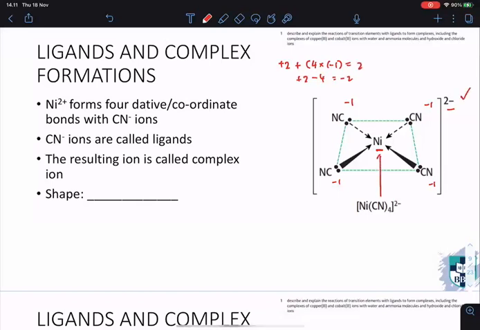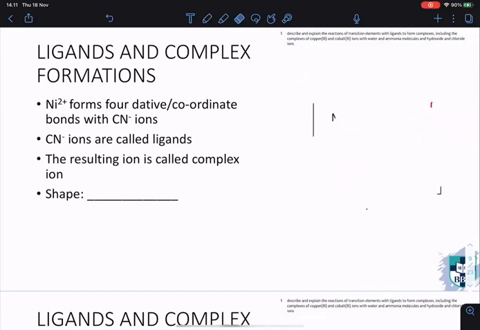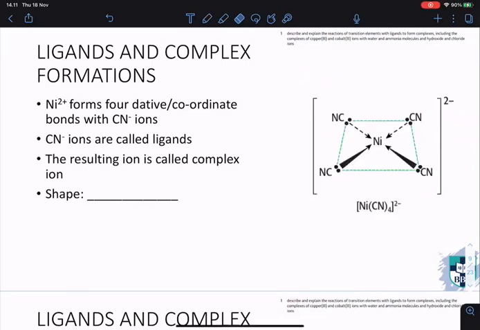So this must be +2. I hope you understand this. The central ion is going to be +2, not -2. Anyway, you can see nickel 2+ because the cyanide ions are considered to be large, very big.